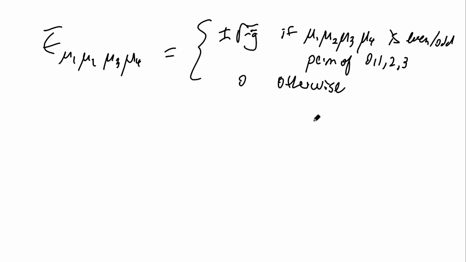So in any coordinate system, the components of the Levi-Civita tensor are defined by plus or minus the square root of minus the determinant of the metric in that coordinate system if the indices are an even or odd permutation of 0, 1, 2, 3. So that's the Levi-Civita tensor. It appears in quite a few contexts in relativity, and I think we'll see some of those uses in later lectures.